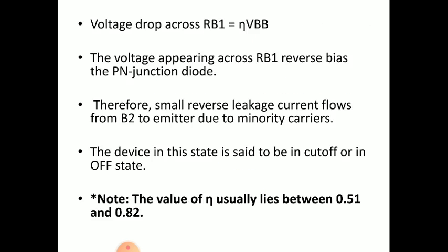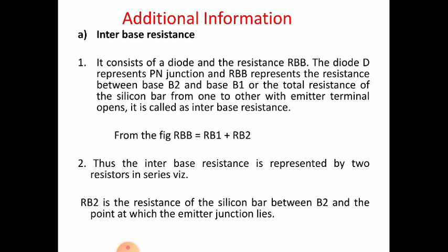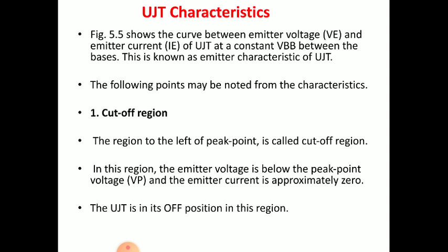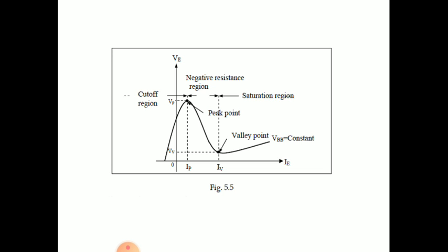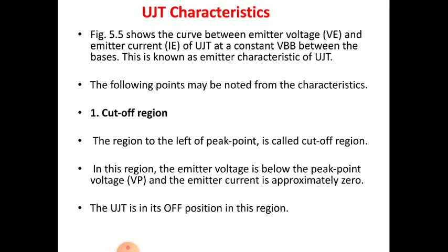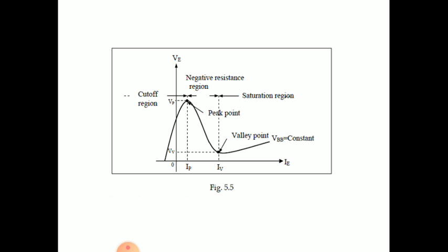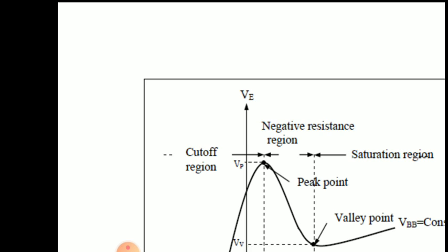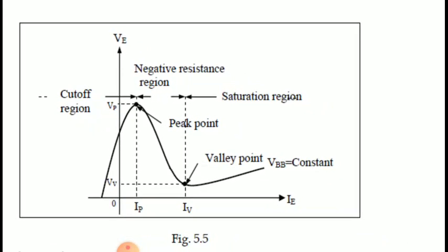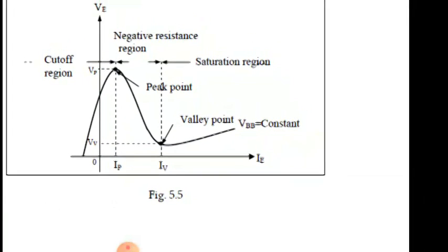The characteristics of this UJT are drawn with V on the y-axis and I on the x-axis, with VBB as a constant. The following points may be noted from the characteristics. Observe the curve. These are the V versus I characteristics.